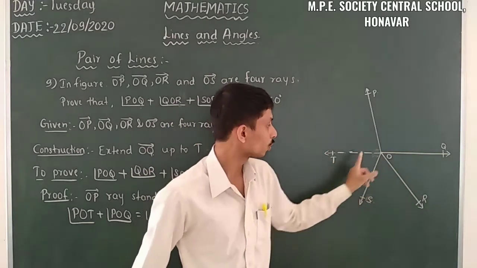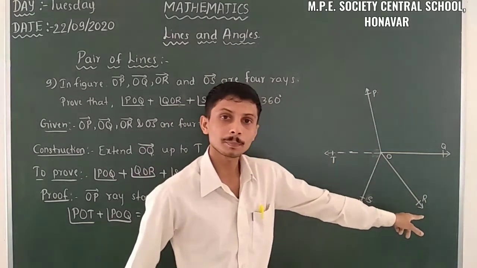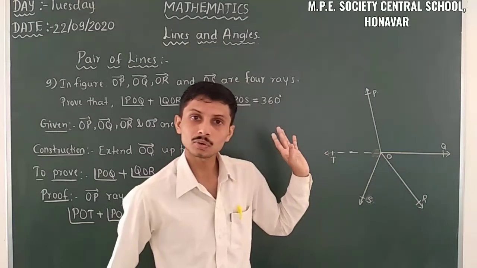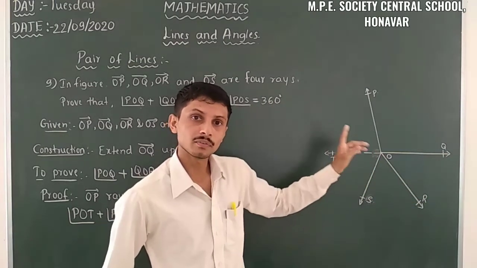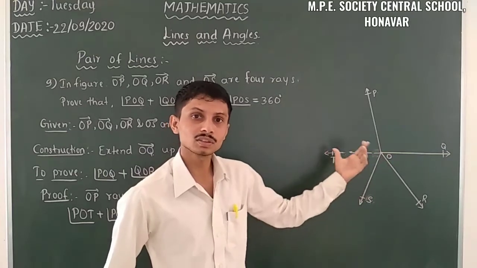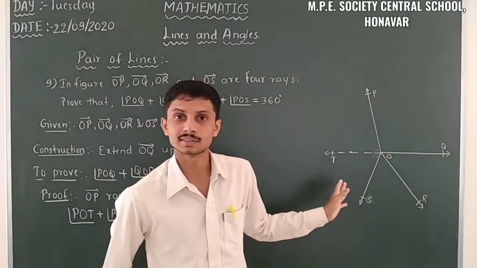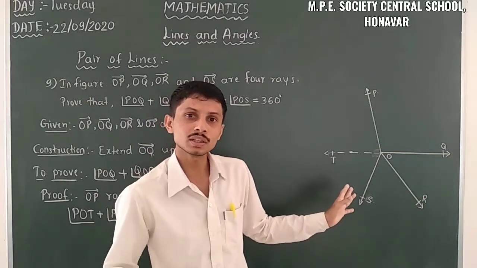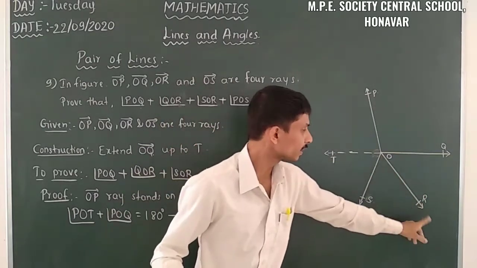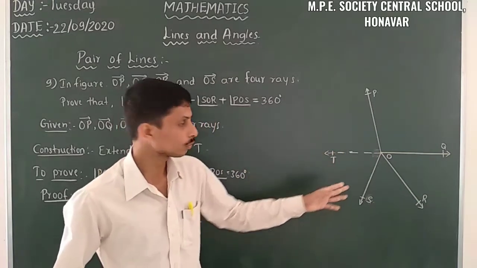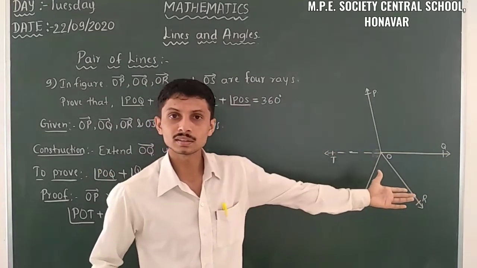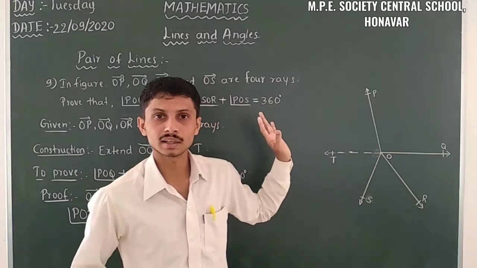When we take QOS, QOR is one of the parts and ROS is also one of the parts. So when we take OS as the ray standing on QOT, we can easily get both the angles. There is no case of taking OR separately standing on QOT. So when we take this one, we can get that also.